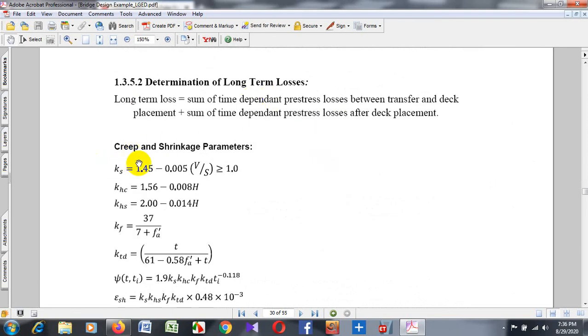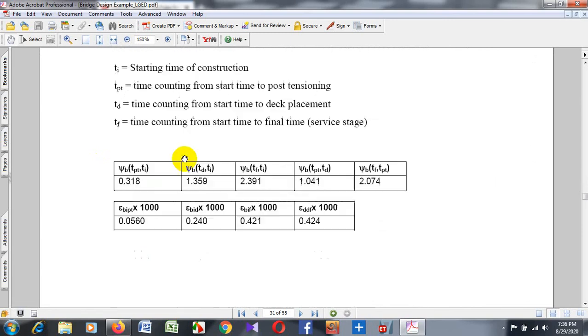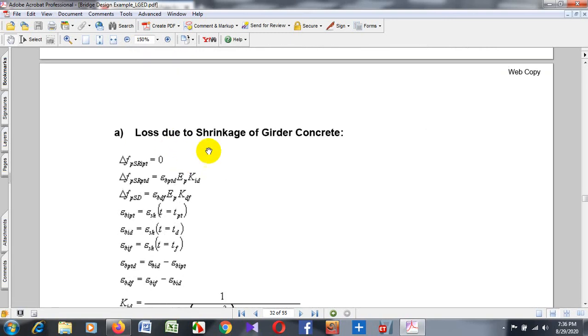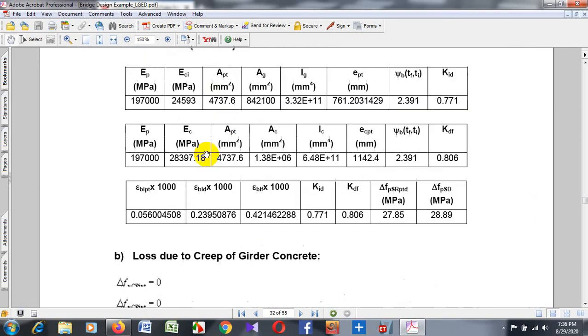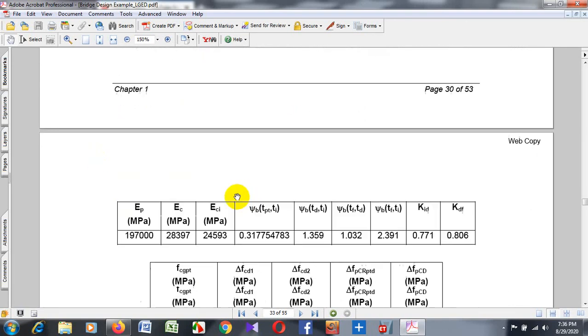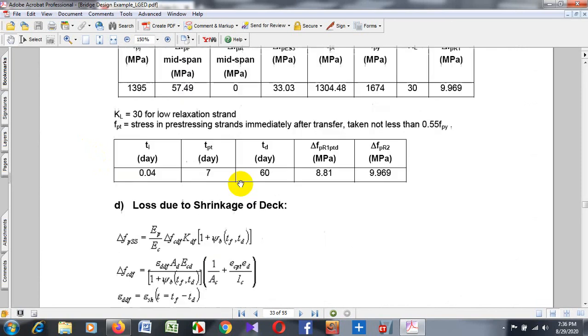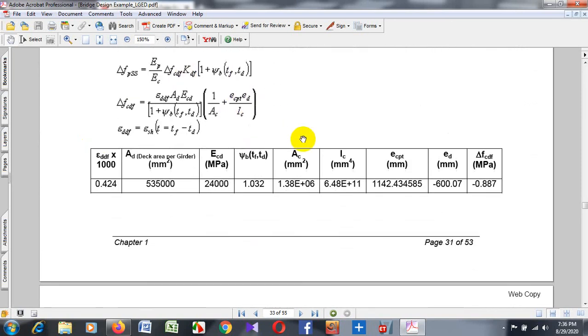Determine long-term losses, creep and shrinkage parameters. Just input these creep and shrinkage parameters: loss due to shrinkage of girder concrete and loss due to creep of girder concrete, loss due to extension of tendons due to shrinkage of deck.